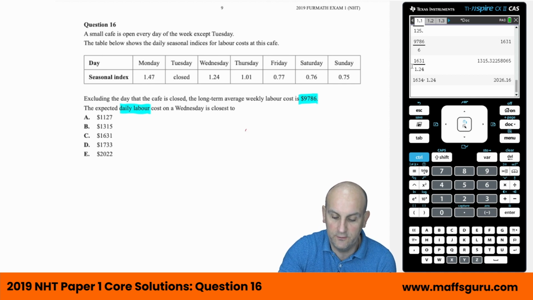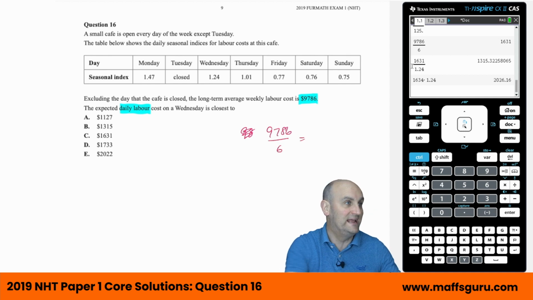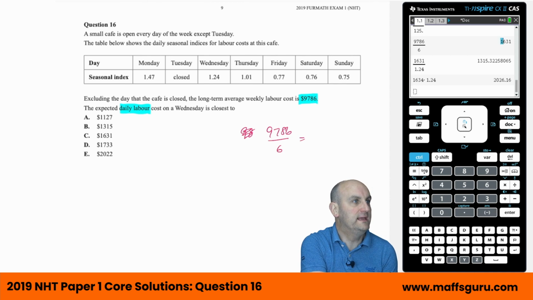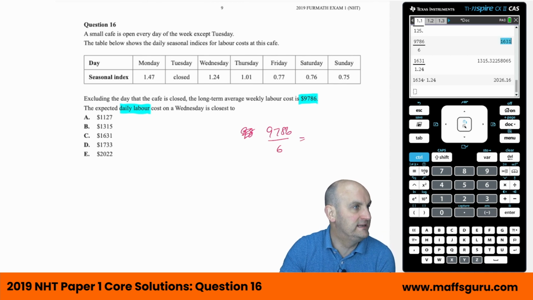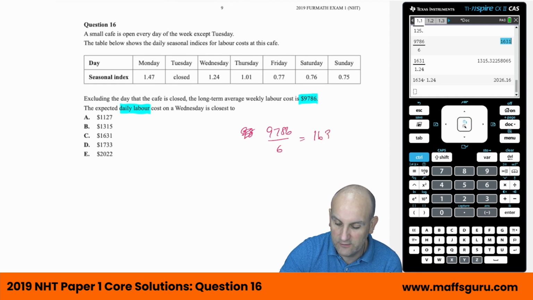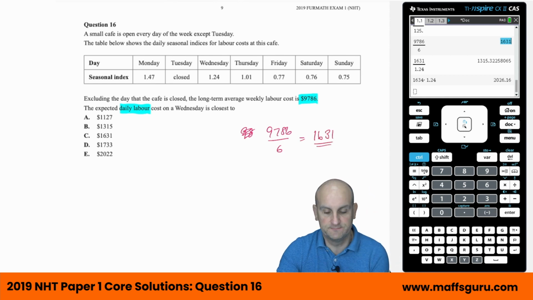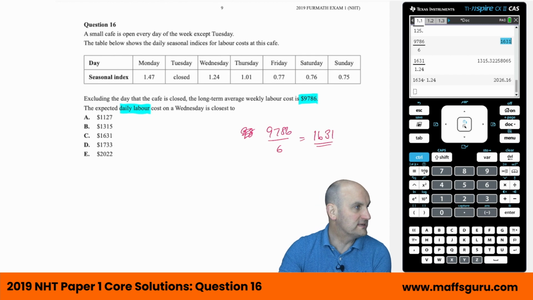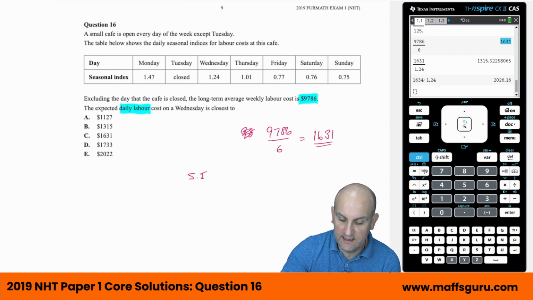So the first thing I'm going to do is 9786 divided by 6. That's going to be my daily cost. So what you see on my calculator is I have a daily labour cost of $1,631. We then go back to the formula that says our seasonal index is given by the value for the season divided by the average.